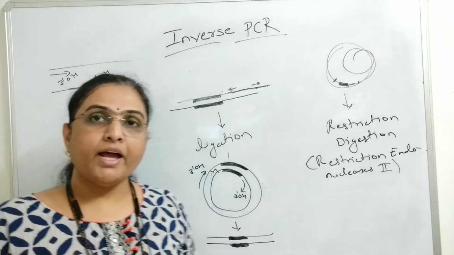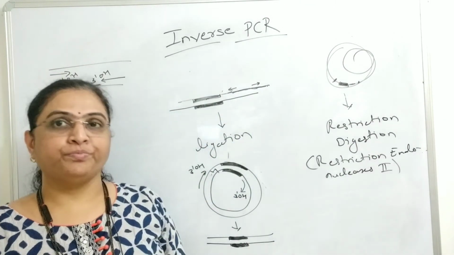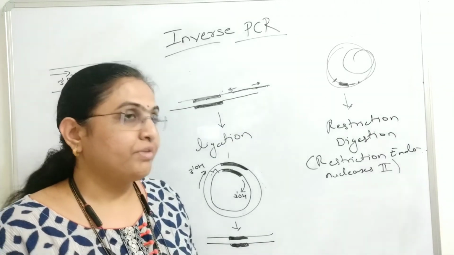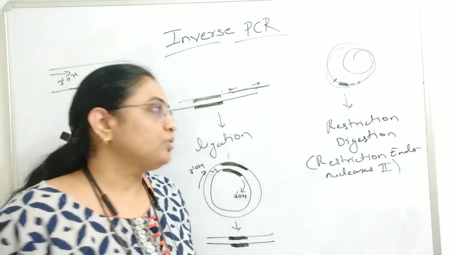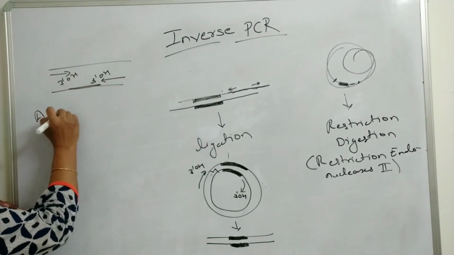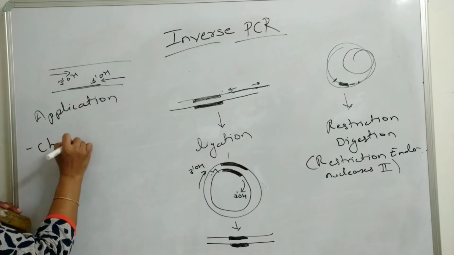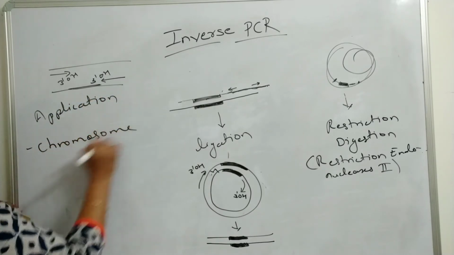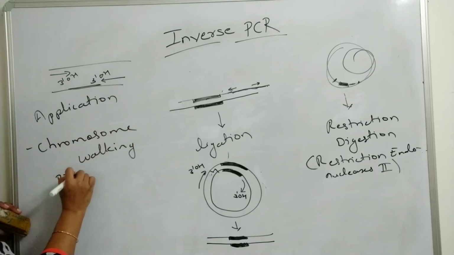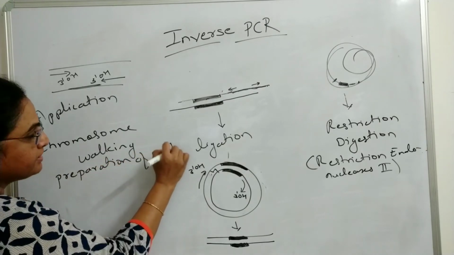Now, by amplifying the unknown DNA sequence, what are you going to achieve? What are the applications of this inverse PCR? The first application of inverse PCR is in chromosome walking, for the preparation of probes.